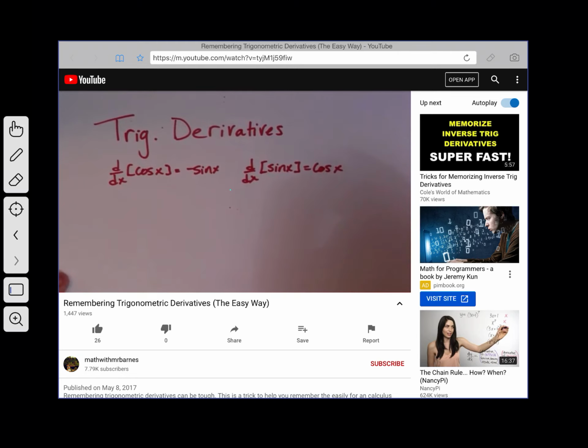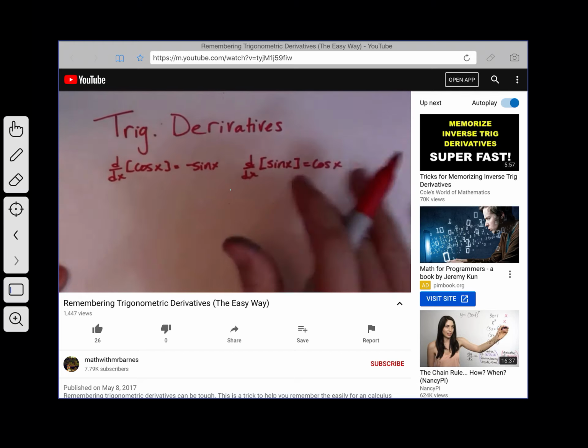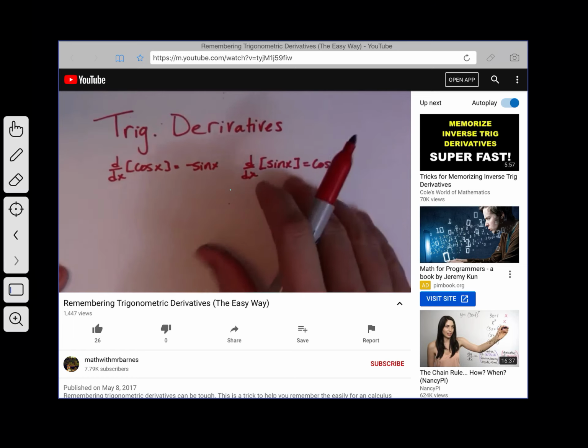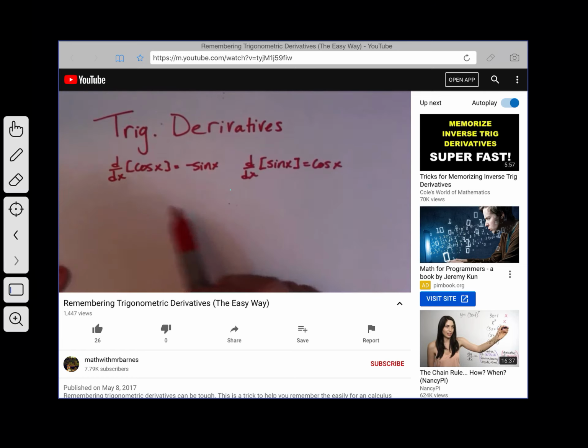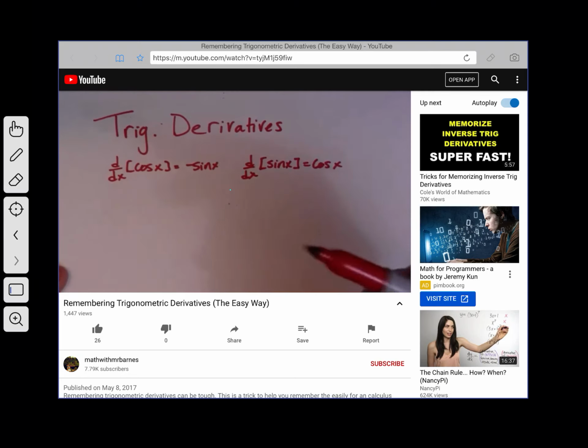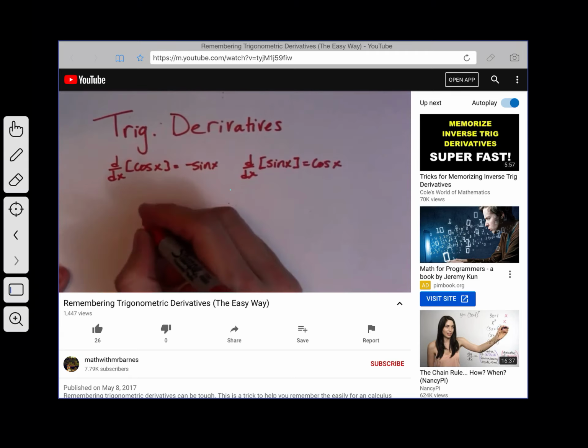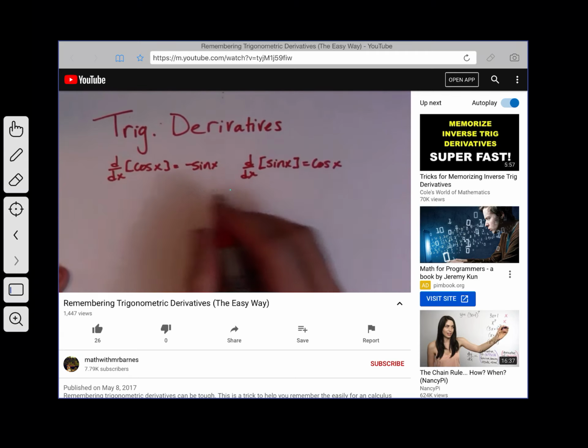It's the other ones that always cause people issues, and those are the derivative of secant, tan, cosecant, and then cotan. So I was trying to come up with something with my students to help them remember them for their calculus placement test, and what they came up with was this easy way of really remembering. They wrote this quick little acronym.